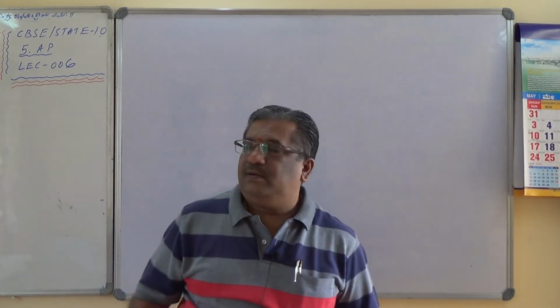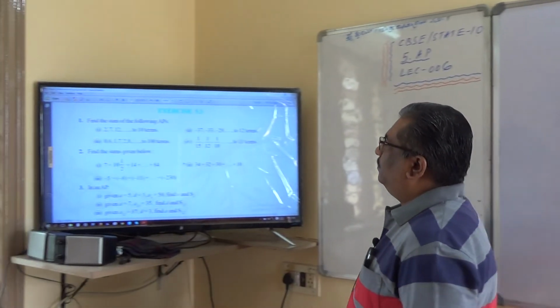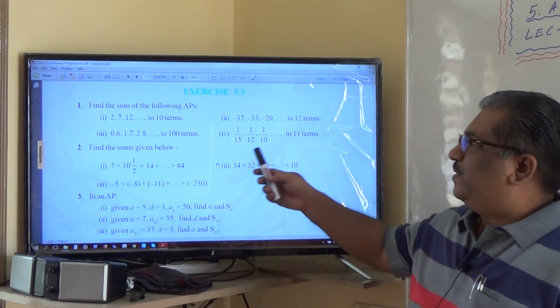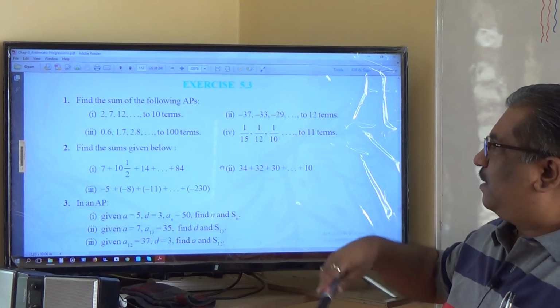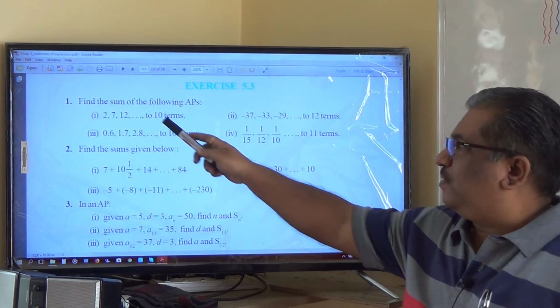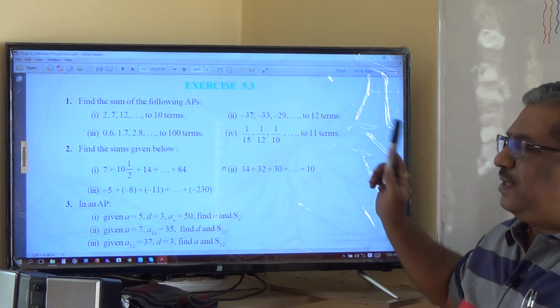Now we'll solve exercise 5.3, which you can have a look at. I think it is visible. In 5.3, first main, 4 sums are there. I'll take up second and fourth. What is the question? Find the sum of the following APs. So already he has given that these are in APs.